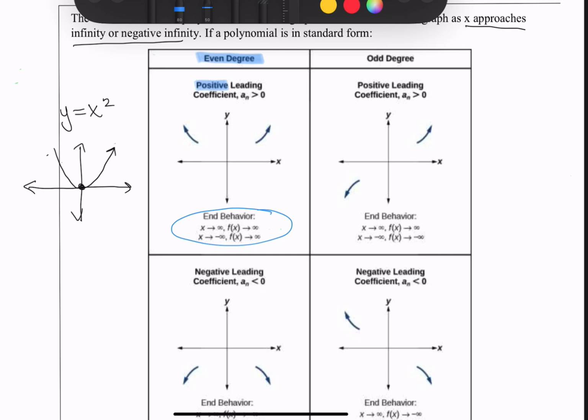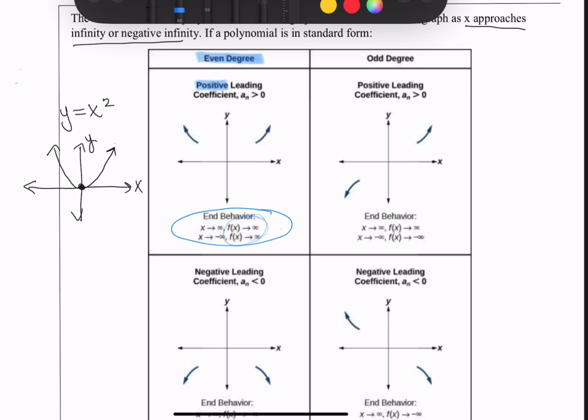With a positive coefficient, as x is getting really large, so is y. And as x is getting really small, so as we move from the origin and head to really small values of x, y is still getting very large. Now notice the end behavior here for a positive leading coefficient and even degree, they're both going up, right? They're both going the exact same direction, but they're also both going up.